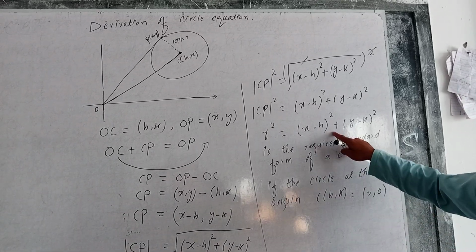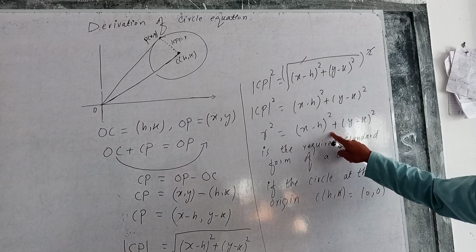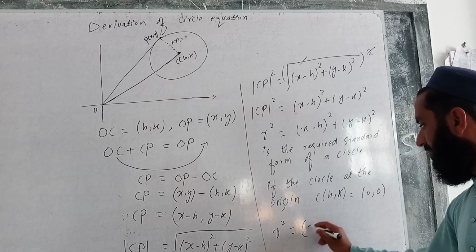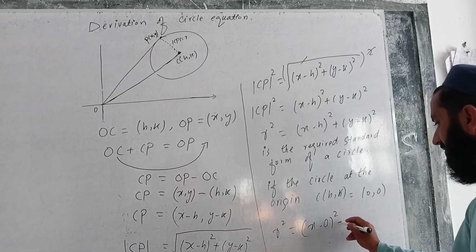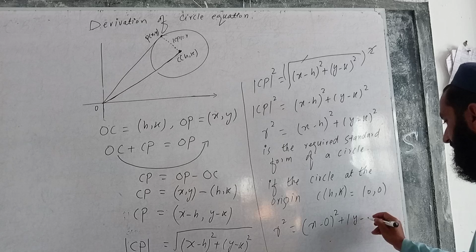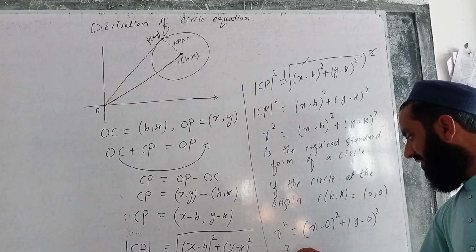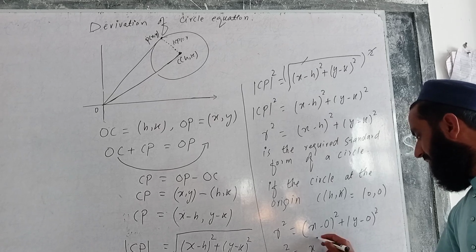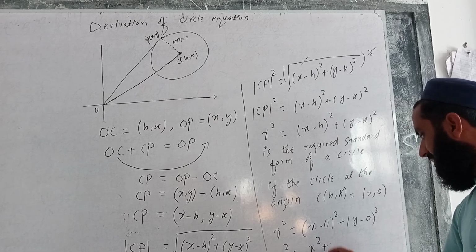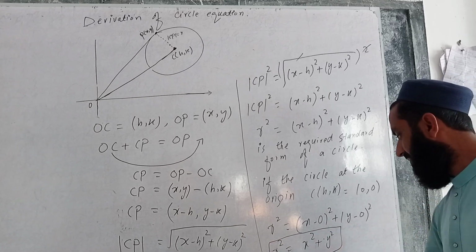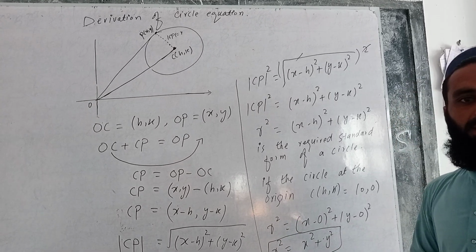Then the given standard form of a circle will be reduced to r square equal to (x minus 0) square plus (y minus 0) square, which is r square equal to x square plus y square. So this is the circle equation.